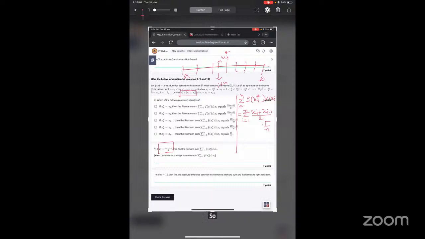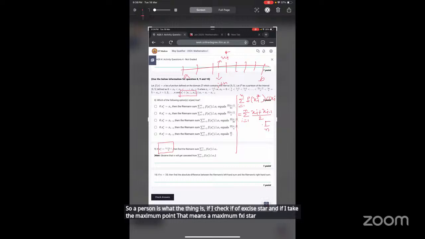The upper sum is when I check f of xi star and take the maximum point, that is the maximum f of xi star, and the corresponding xi star; then it is called the upper sum. Similarly, for the minimum, it is called the lower sum.